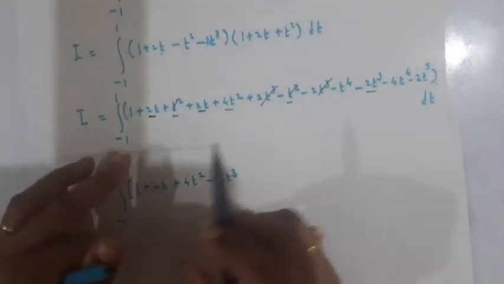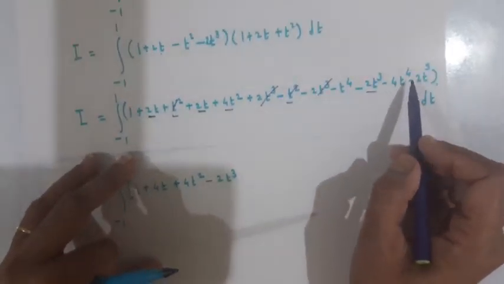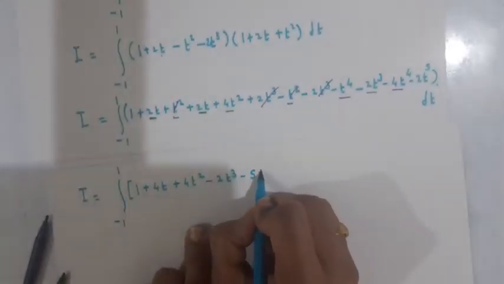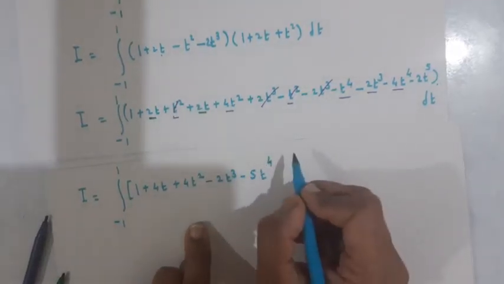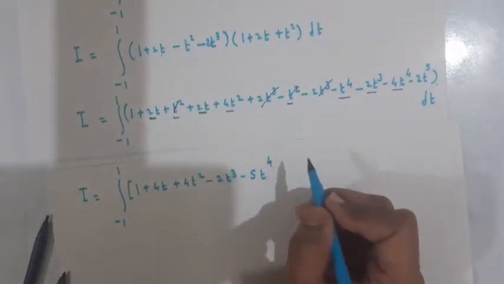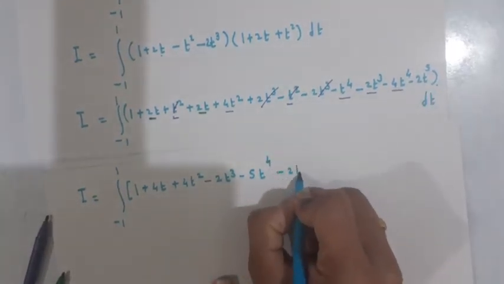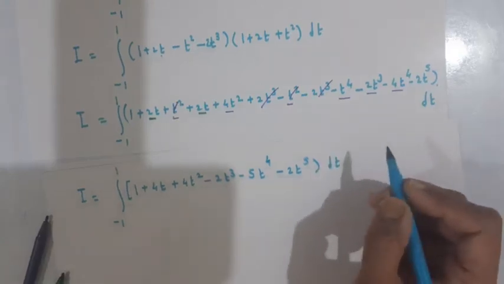Okay, now t raised to 4 minus 4t raised to 4. This is minus t raised to minus 5t raised to t raised to 4. Okay, now this minus 2 raised to 5, that will be as it is, and integration with respect to t.